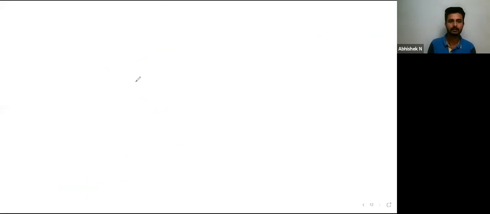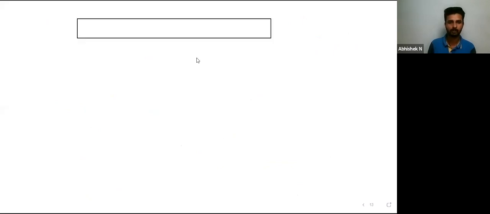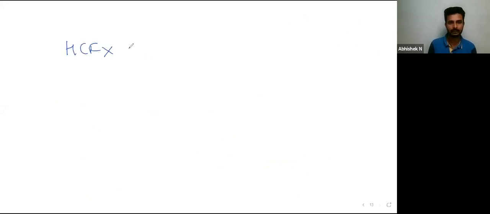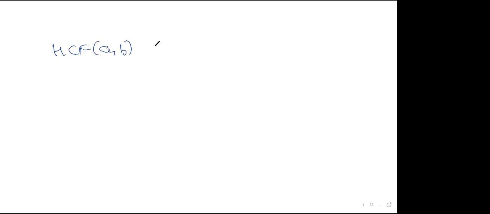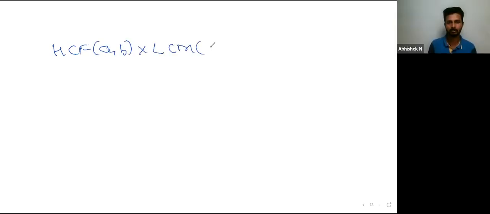That says HCF into LCM, or I can say HCF of A and B multiplied by LCM of A and B, is equal to A into B. So this is the formula that you need to remember.